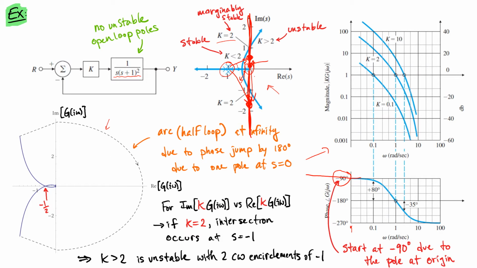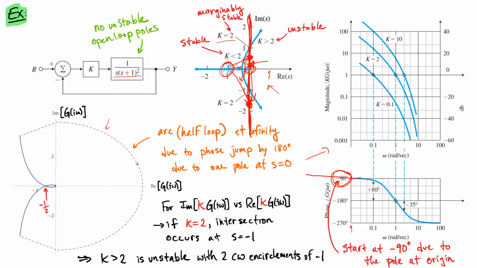That approaches -90 because these poles contribute approximately 0, and this one pole at the origin looks directly up. And since the poles come in the denominator, it gets that minus sign. For that reason, the Bode plot starts off at -90 instead of at 0, because it has this pole located at the origin.